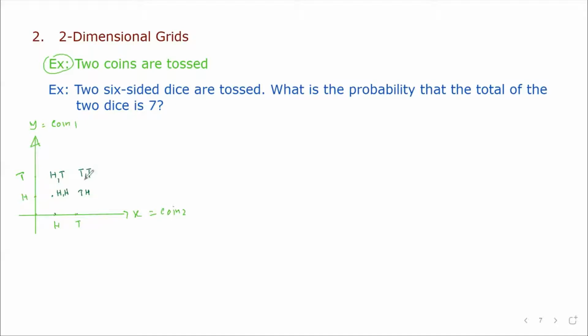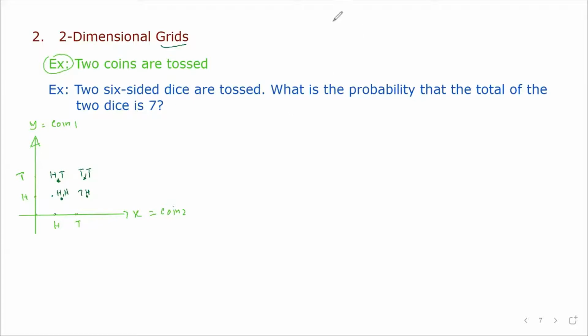Okay, so that's the way for this grid. So you should have one dot here, one dot here, and one dot here. So this is the grid way to plot a graph using the two-dimensional grid for two coins tossed.